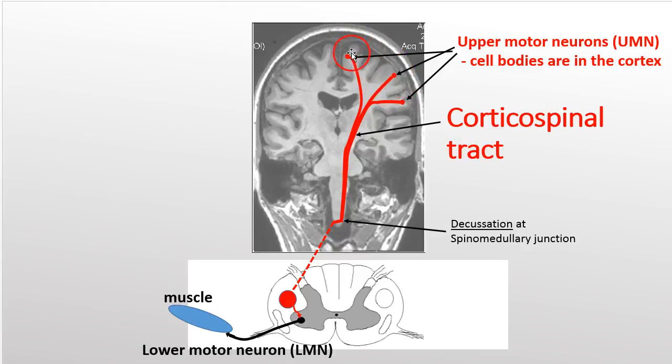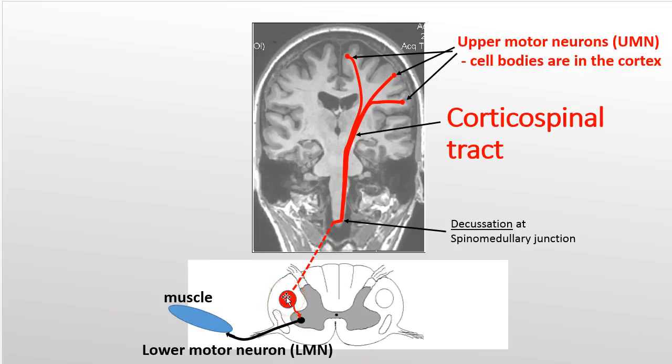Those neurons send their axons, continuous axons, down through the white matter of the brain, through the brainstem, and then at the bottom of the brainstem, at the spino-medullary junction, they decussate. That is, those same fibers uninterruptedly cross over to the opposite side, and they occupy the position in the lateral funiculus that we see right here.